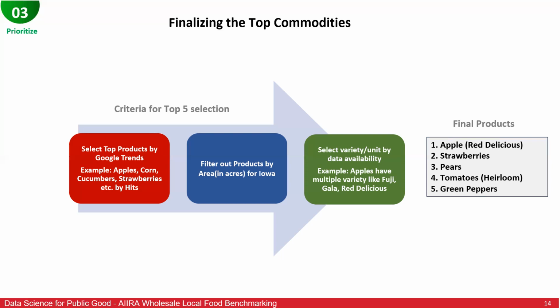Each, 1 pound, 3 pound, a box of them. There's multiple ways to measure each agricultural commodity. So we made sure to narrow it down to just one single unit. So our list of final products was Red Delicious apples, strawberries, pears, Heirloom tomatoes, and green peppers.